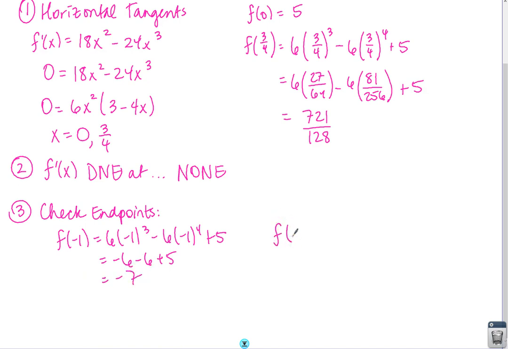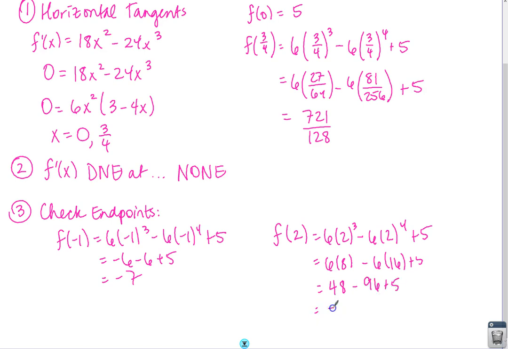F of 2 is going to be 6 times 2 cubed minus 6 times 2 to the 4th plus 5, 6 times 8 minus 6 times 16 plus 5, 48 minus 96 plus 5, -43. So I have 4 possible candidates for our absolute extrema.